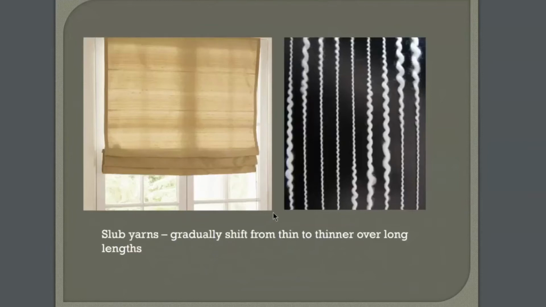You're going to come across in your text and in your quiz, what is a slub yarn? In nature, this idea of slubbing, where a yarn gradually shifts from thick to thin over long lengths, does occur.